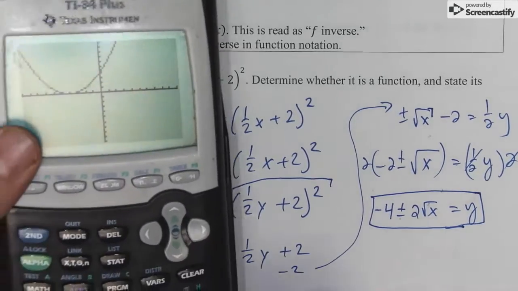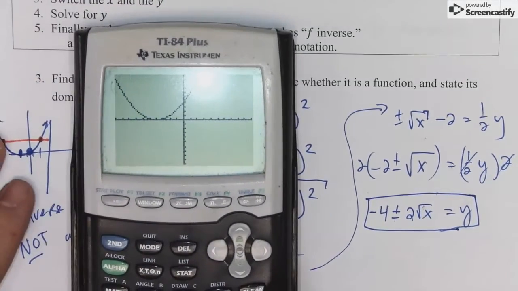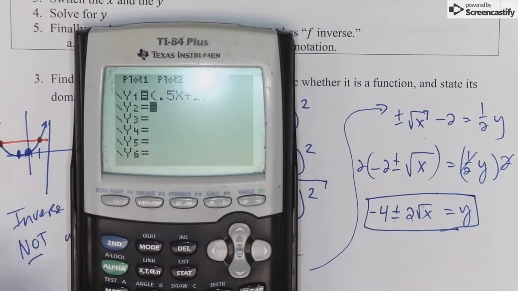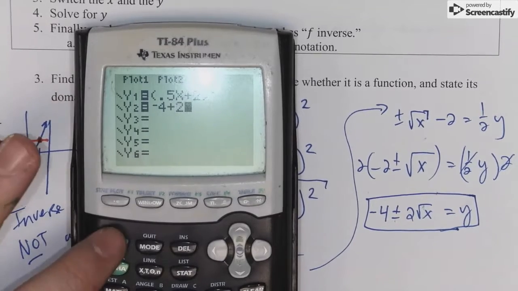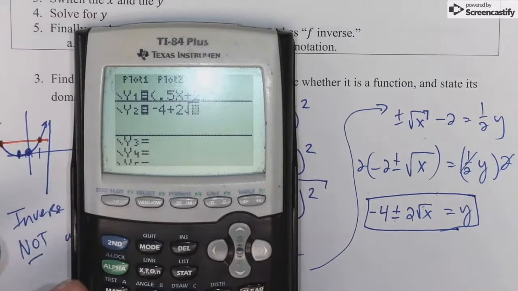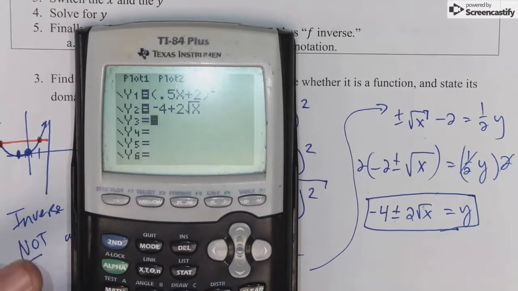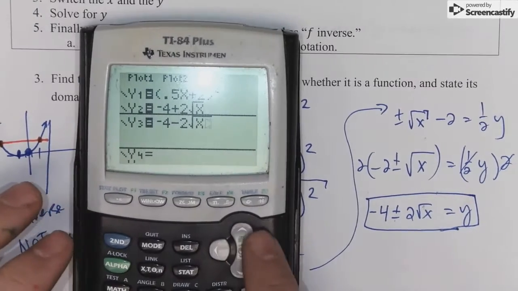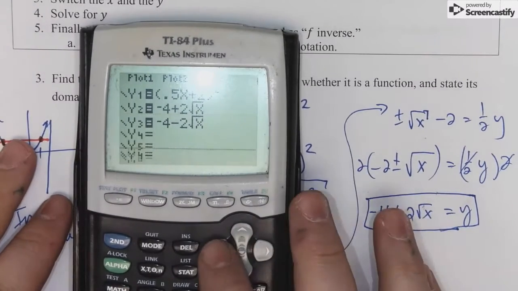So I'm going to go y equals, here's my original function. I'm going to graph -4 plus 2 square root of x, and then I'm going to graph -4 minus 2 square root of x, all in the same window.